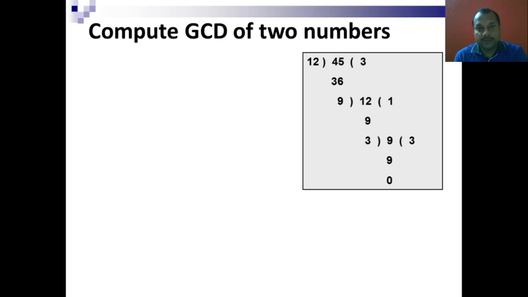In order to do that, before I directly go to the program, there are a few things I wish to tell. One thing is that when you are asking the user to give you two numbers, it is possible that the user can give you 12 and 45, or 45 and 12.